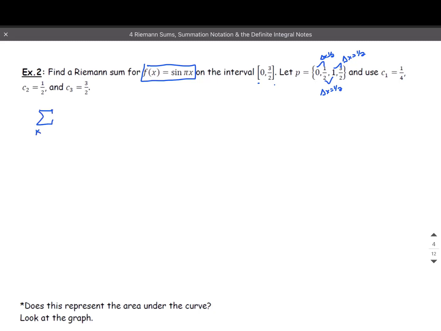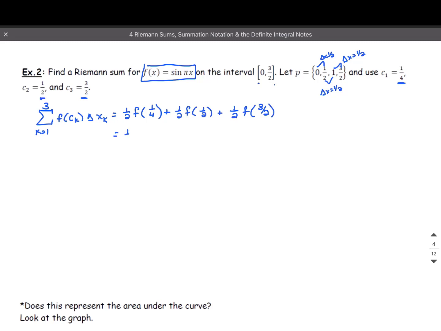So this time, we're going to have our Riemann sum. I'm going to be formal here. The summation is k goes from 1 to 3, because we have 3 rectangles, of f of c sub k times delta x sub k equals. Now our first rectangle, the delta x is 1/2. F of, we're going to use 1/4 to find the height the first time, plus delta x is still 1/2, and in the second rectangle, we're supposed to use 1/2 to find the height, plus our delta x is still 1/2, but in the third rectangle, we're supposed to use 3/2 to find our height.